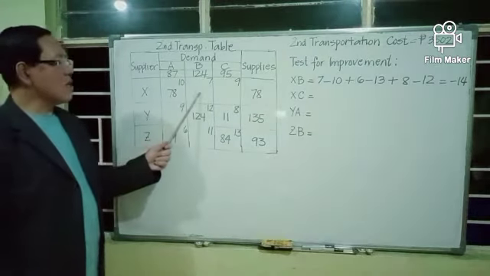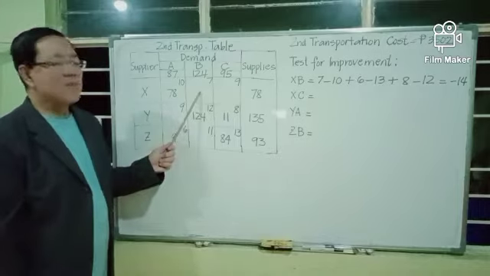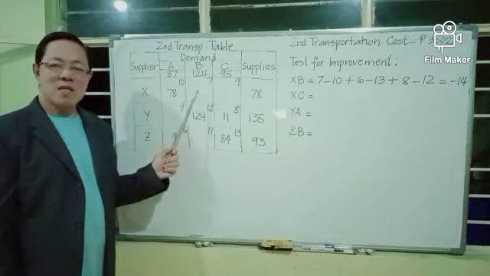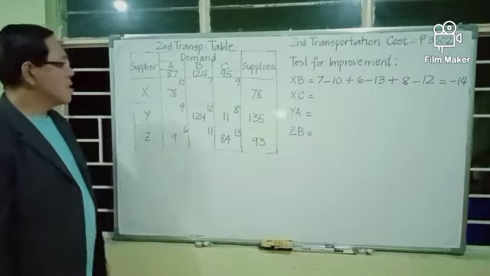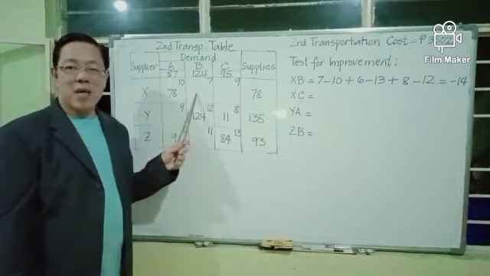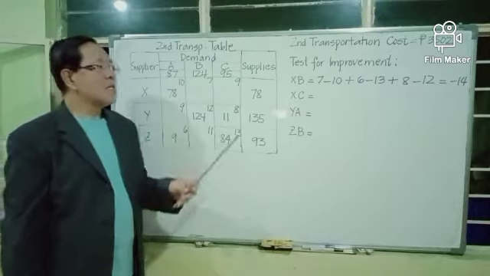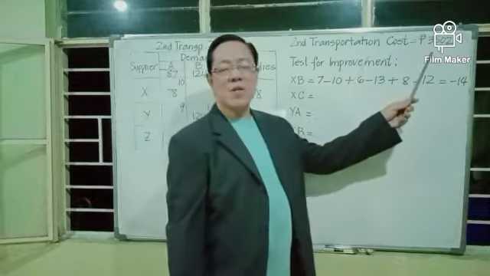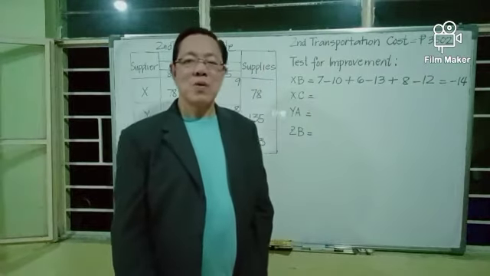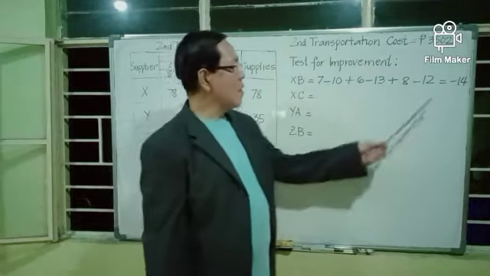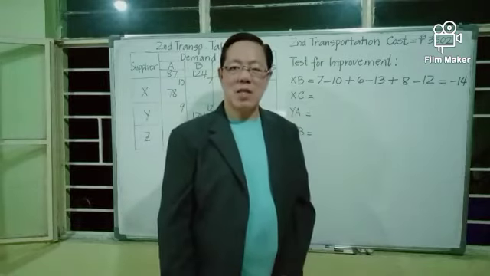The net cell cost for this vacant cell is negative 14, which means that if we transfer some units to this vacant cell XB, the transportation cost of 3,502 will decrease by 14 pesos per unit.